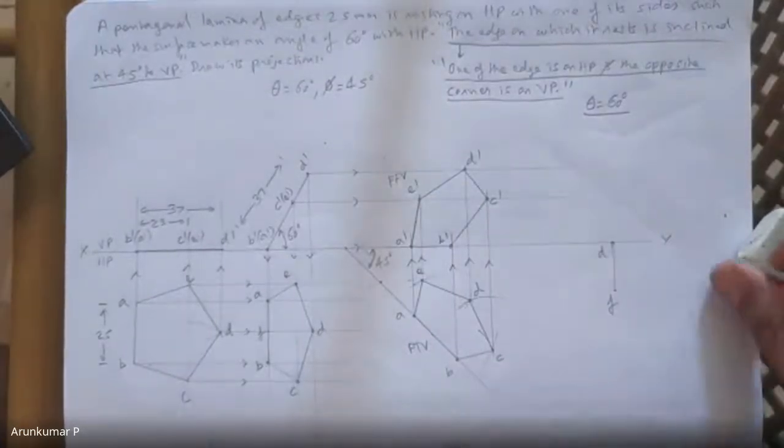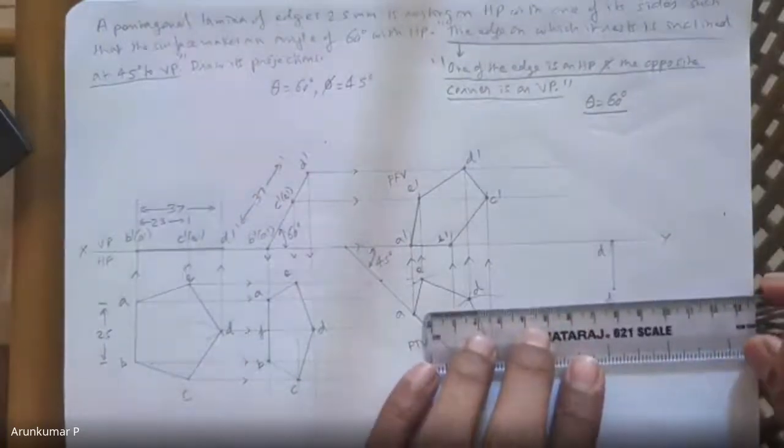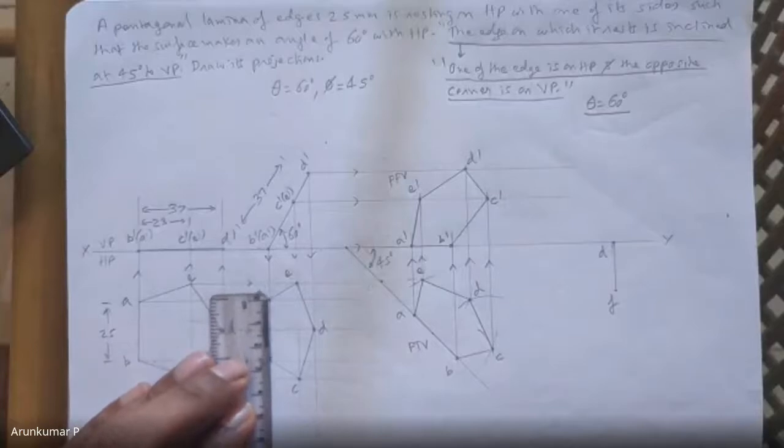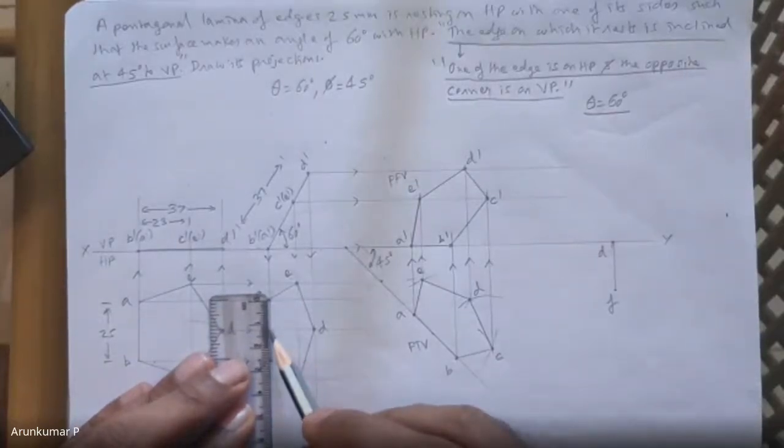Okay. Then what I can do is at F, F is the midpoint of AB. So F will be at 12.5 mm because AB is 25 mm.